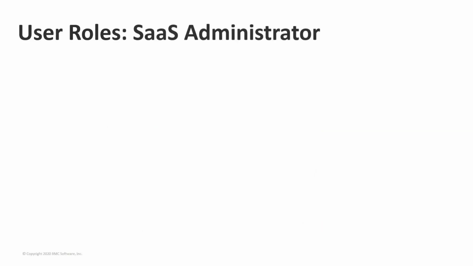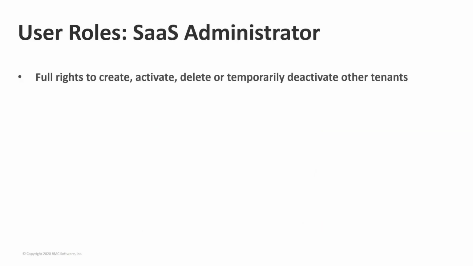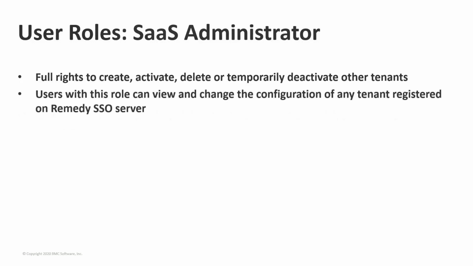Let's go to the user roles. In RSSO, we have two user roles. The first one is the SaaS administrator, which is our administrator profile. Users that have such a role have full rights to create, activate, delete, or temporarily deactivate other tenants.